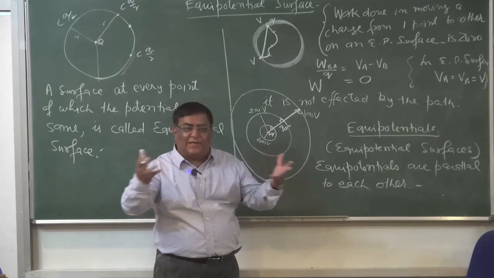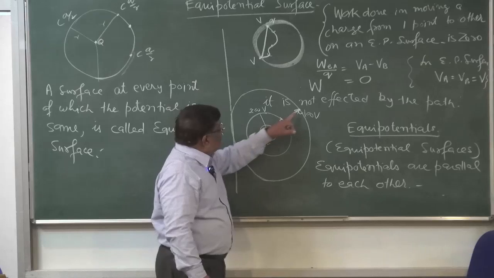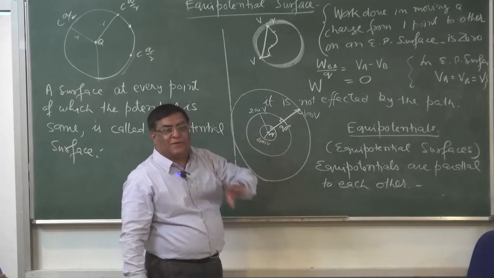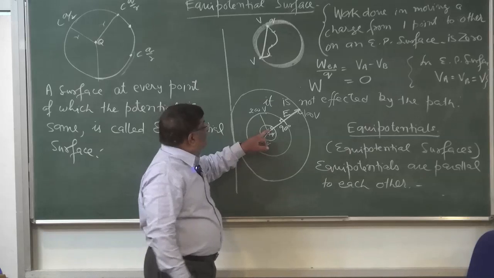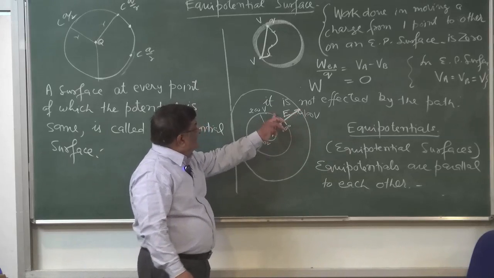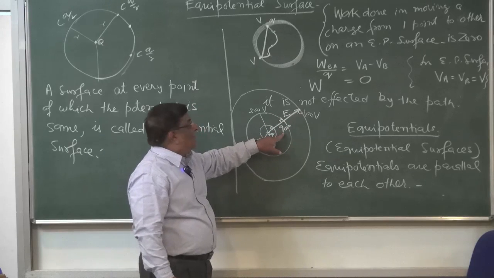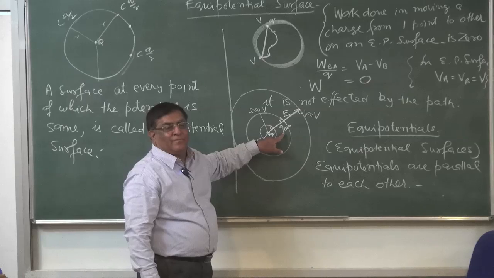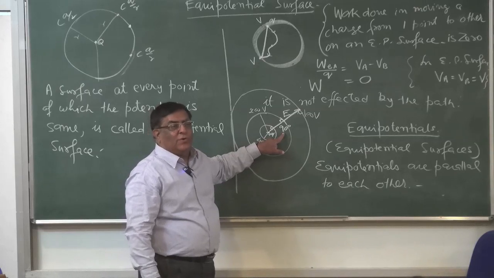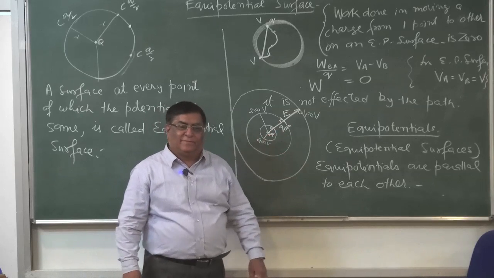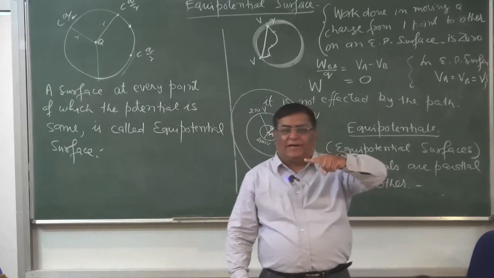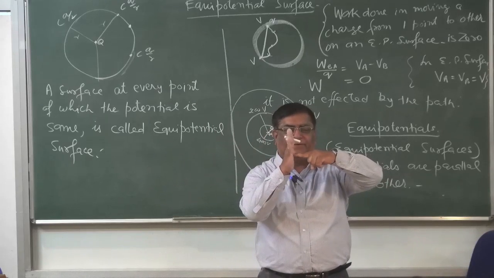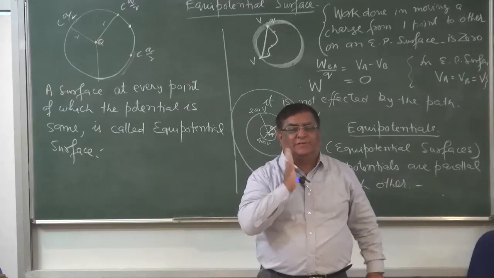Answer: it is radially outward. So this is the direction of the electric field, E. Now if this is the direction of the electric field and this is the equipotential surface, what is the angle between them? 90 degrees. So this rule we remember: at any location the direction of the electric field and the equipotential surface are at right angles to each other.